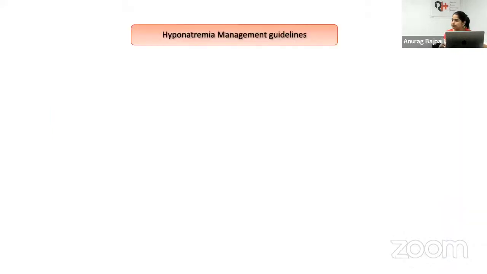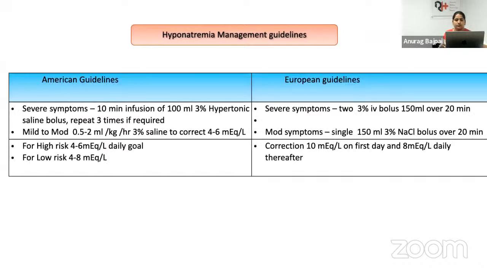So this is like you have a horse, you also have got a rein. You are controlling the horse's pace by using a rein. So there are the hyponatremia management guidelines from the American and the European Society. The American Society says if there are severe symptoms, give an infusion over 10 minutes of 100 ml 3% hypertonic saline bolus.